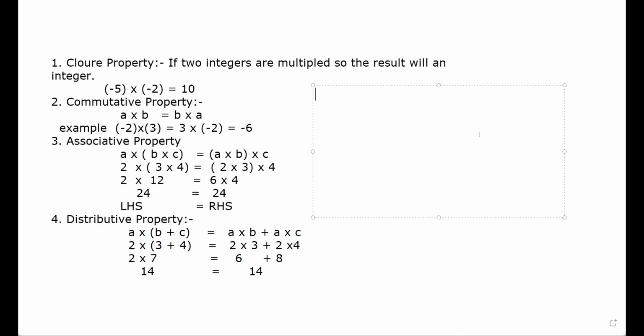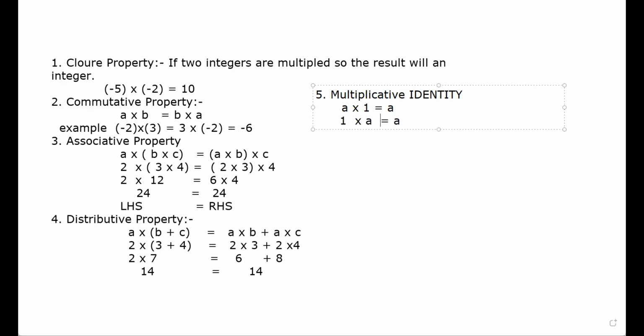Multiplicative identity means, according to this property, once we multiply any number with 1, suppose we multiply A with 1, the answer will be A. Or if I multiply 1 into A, the answer will be A.